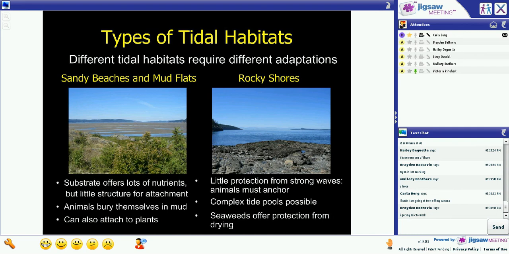Animals bury themselves in mud, can also attach to plants. For rocky shores, little protection from strong waves, animals must anchor. And they also have complex tidal pools possible. Seaweed offers protection from drying.